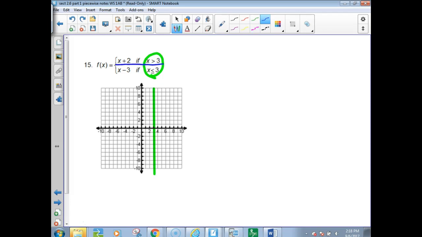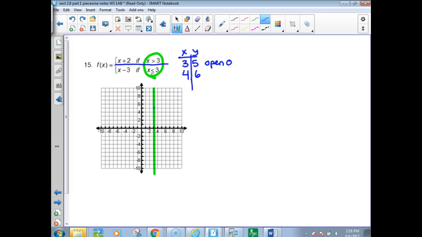The top equation says for values of x bigger than 3. So I'll plug in 3, and I know that one's going to be an open dot. If I substitute in 3, I get 5. I need some more numbers bigger than 3, so I'm going to put in 4. That'll give me 6. Slope of that thing's 1, so I think I'm good to go.